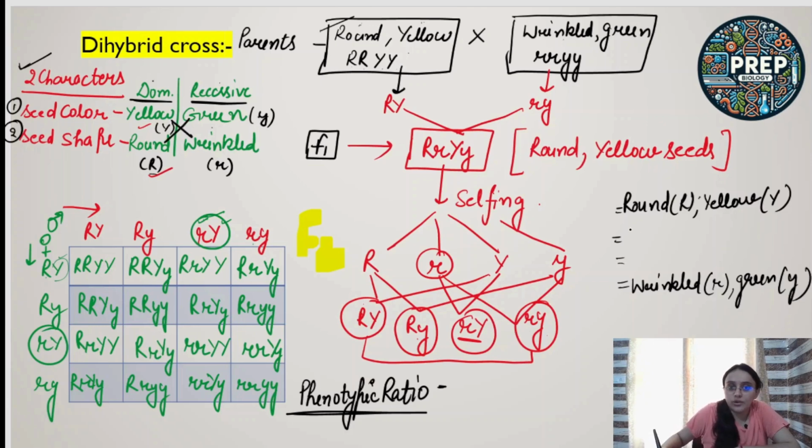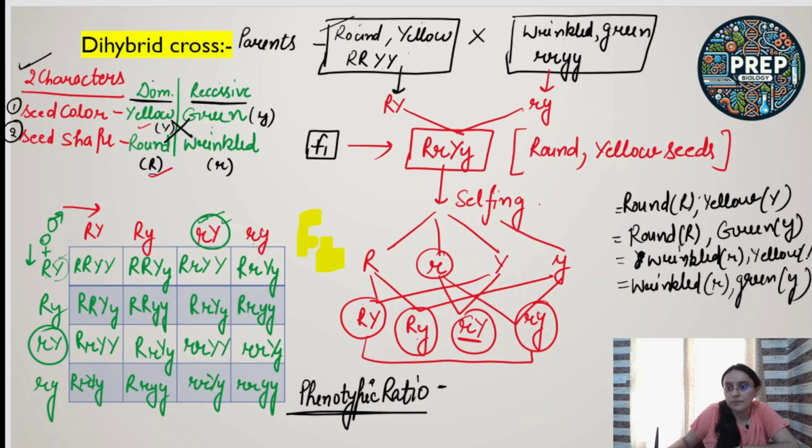We have a round, that is capital R, and green, that is small y, and yellow and wrinkled. Yellow, wrinkled, that is small r, and yellow is dominant, capital Y.